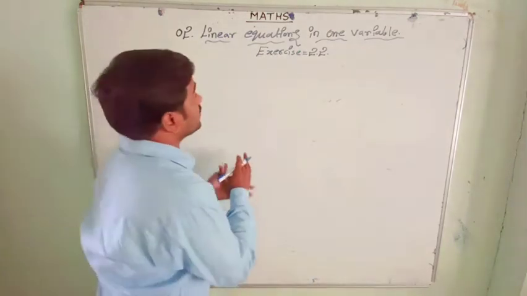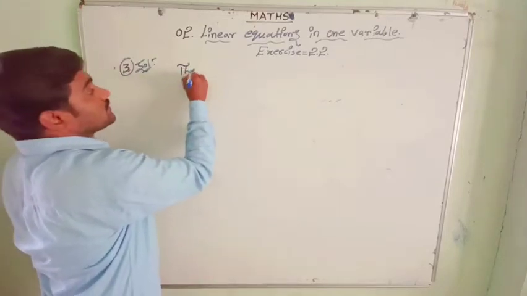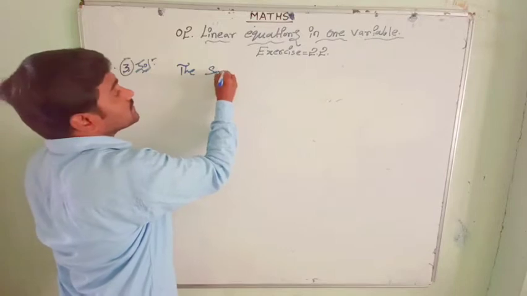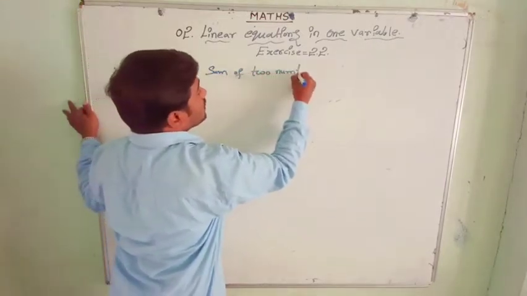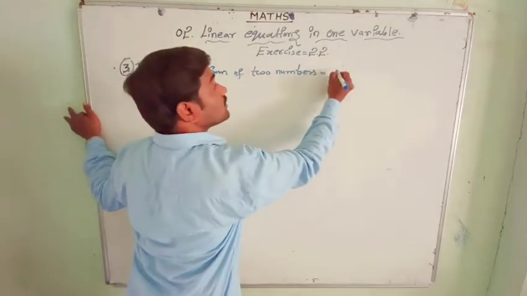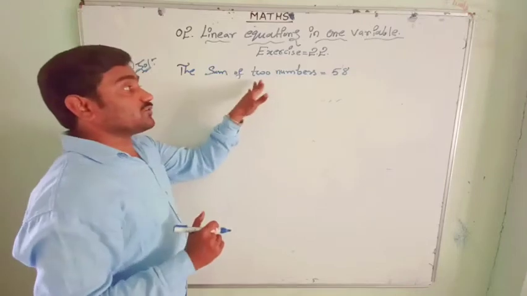The sum of two numbers equals 58. We don't know the two numbers.